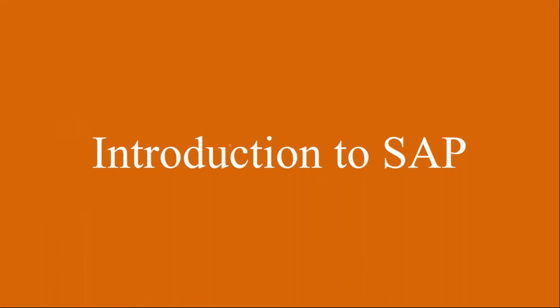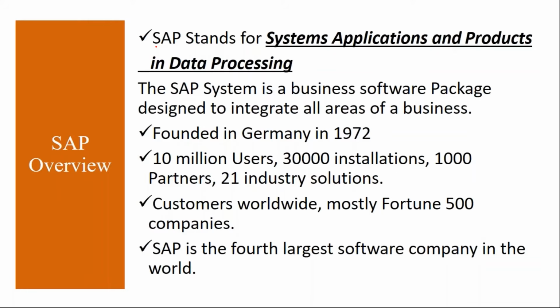Now we will understand what is SAP. Okay, introduction to SAP. The full form of SAP is Systems, Applications, and Products in Data Processing. You should always call it by its letters, S-A-P, and not as a single word. Some people call it that way, but you should not. It stands for Systems, Applications, and Products in Data Processing.